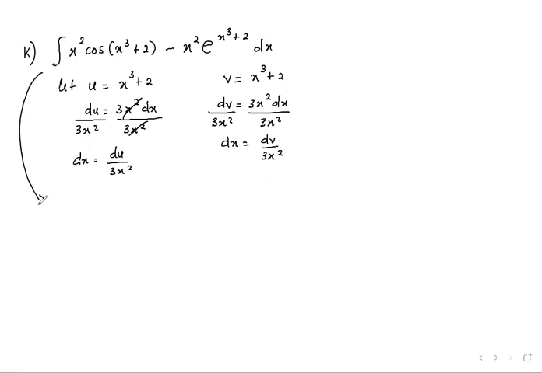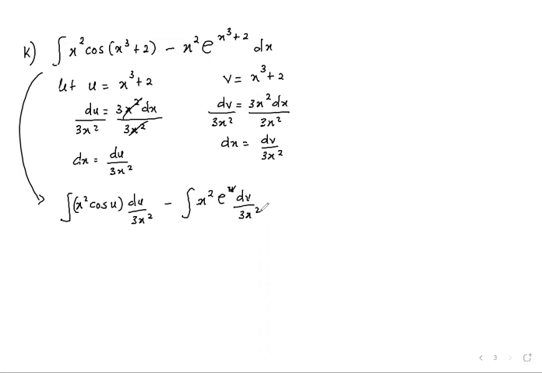Now I'm having the integral of x squared multiplied by the cos of u, everything multiplied by du over 3x squared, minus, so I'm expanding there and distributing the dx, minus the integral again of x squared e to the power of v, times dv over 3x squared.